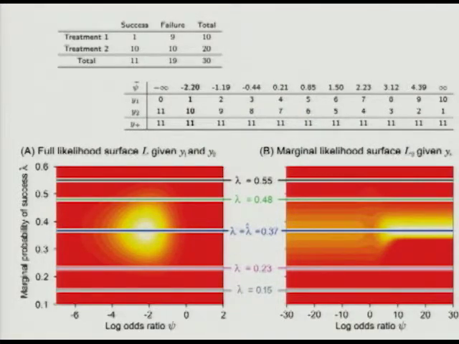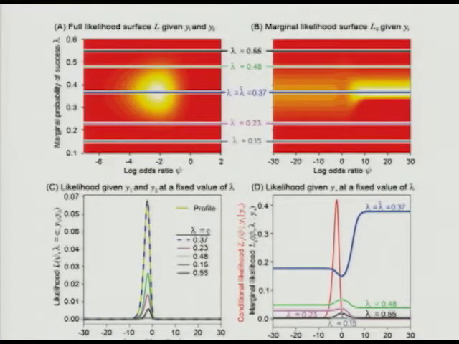A more pronounced example is given here, where again we have 10 versus 20 treatments and a total of 11 successes. Now there are 7 possible values of the log odds ratio estimate that are greater than 0, as opposed to 4 that are less, which explains why the marginal likelihood surface here is quite a bit higher out here than down here, as is indicated.